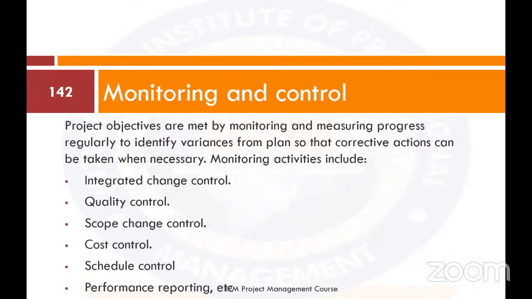Project objectives are met by monitoring and measuring progress regularly to identify variances from plans so that corrective actions can be taken when necessary. Monitoring activities include integrated change control, quality control, scope change control, cost control, schedule control, performance reporting, and so on and so forth.